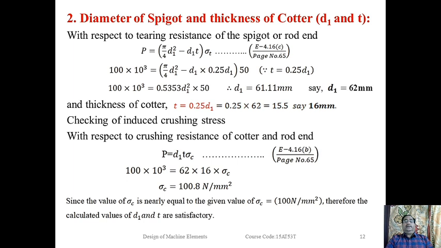So here the values of D1 and T are safe and satisfactory. So there is no need of calculating D1 and T again, because the values of D1 and T are safe for the given value of sigma C and calculated value of crushing stress.